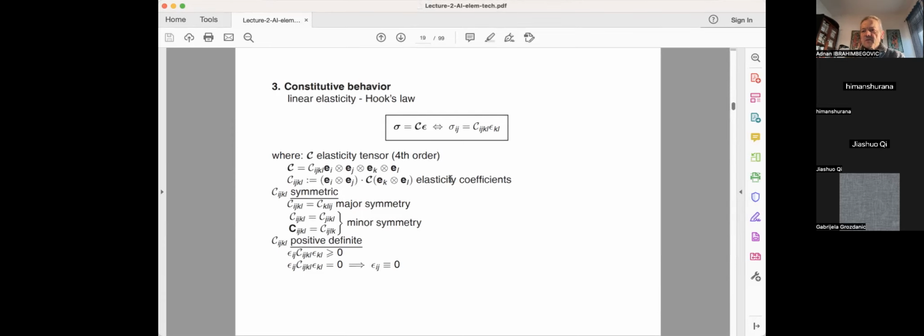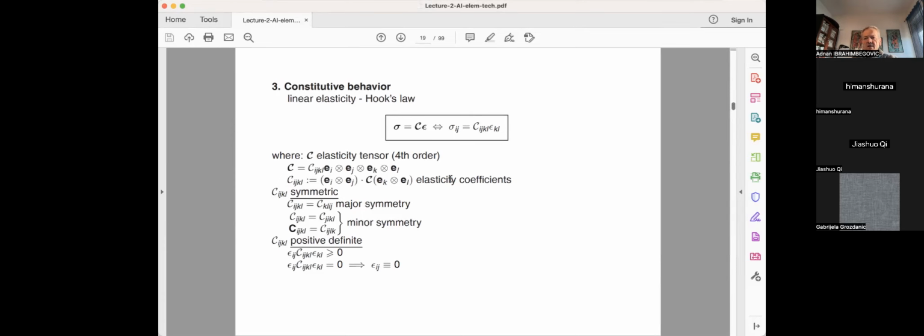We start with the simplest possible case, linear elasticity, also called Hooke's law. So Hooke's law is a generalization of sigma equal to E times epsilon for the 1D case. In the 1D case, you just need a Young's modulus E. In this case, you have to connect the second order tensor sigma, which has 3 by 3 components, with the second order tensor epsilon, which also has 3 by 3 components.